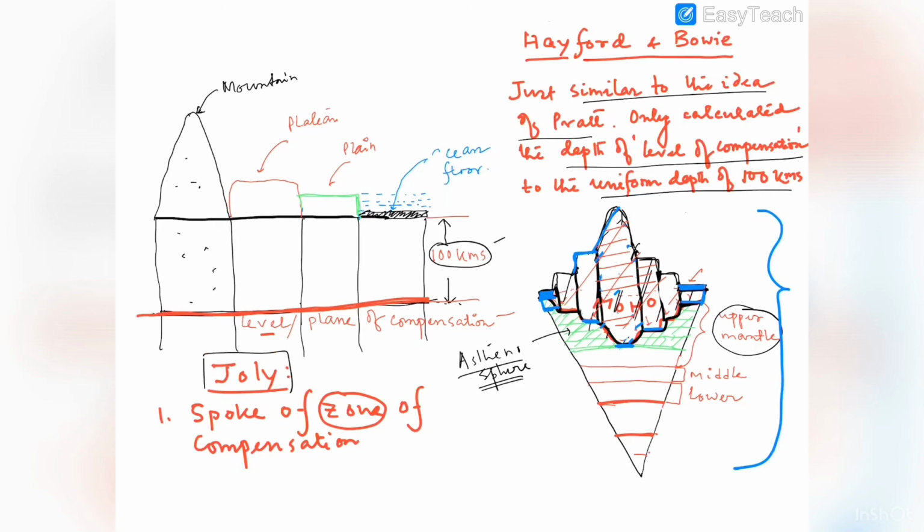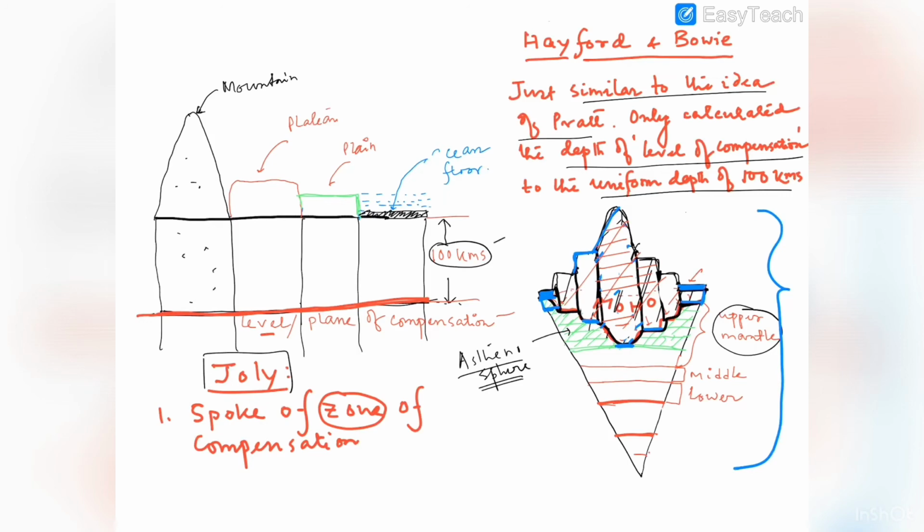Joly, while presenting his view on isostasy in the year 1925, contradicted the concept of Hayford and Bowie, because he said that Hayford and Bowie are speaking about a level of compensation at 100 kilometer depth, but at that depth it is not possible to have crustal material. It will simply melt out.